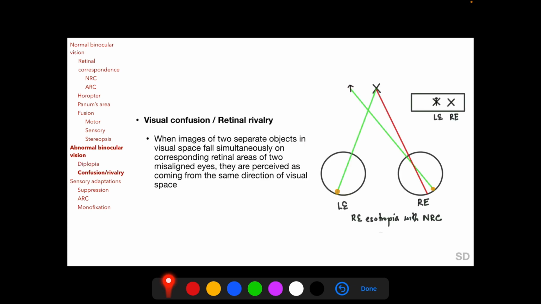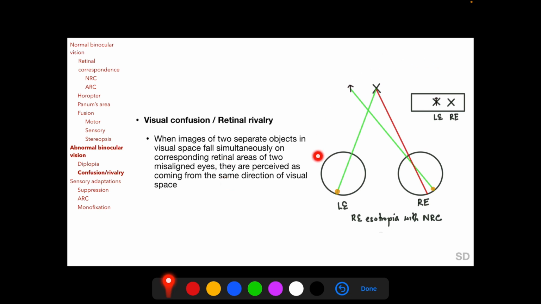The other phenomena which can occur after onset of strabismus is visual confusion or retinal rivalry, and this occurs when images of two separate objects in the visual space fall simultaneously on corresponding retinal areas of the two misaligned eyes. The two images are perceived as coming from the same direction of the visual space.